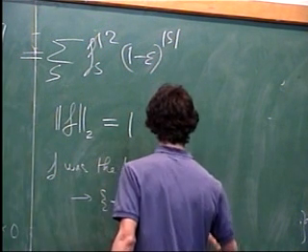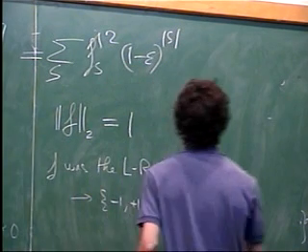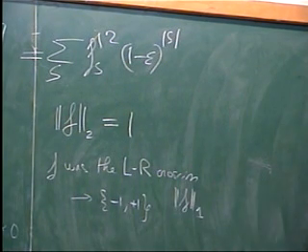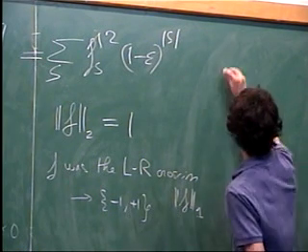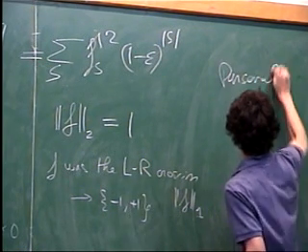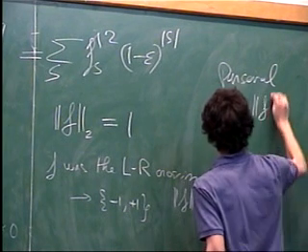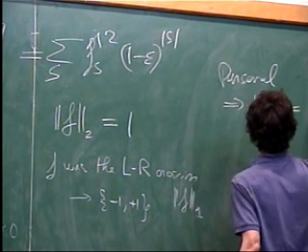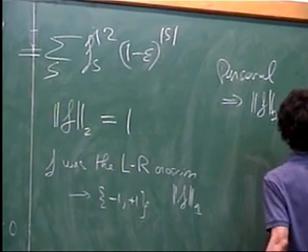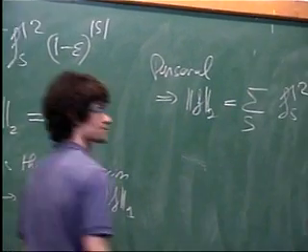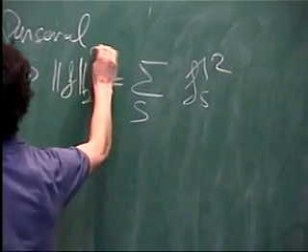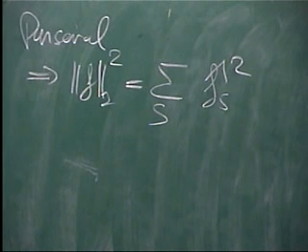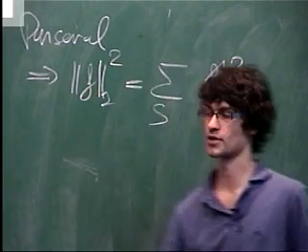And what's nice about this is that Parseval tells you that the L2 norm squared is the sum over S of this squared. And if we have such an indicator function here, that's just 1.